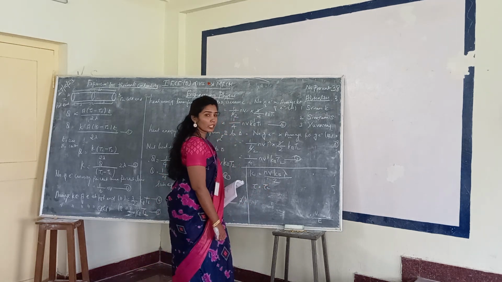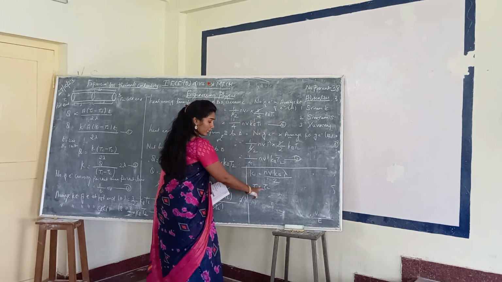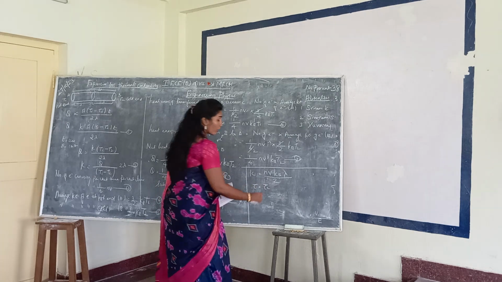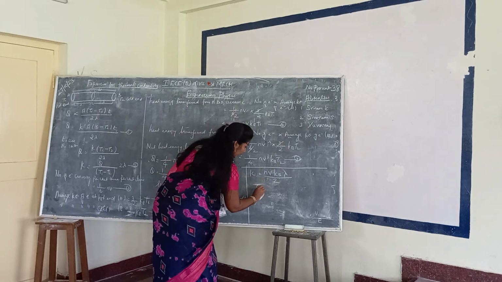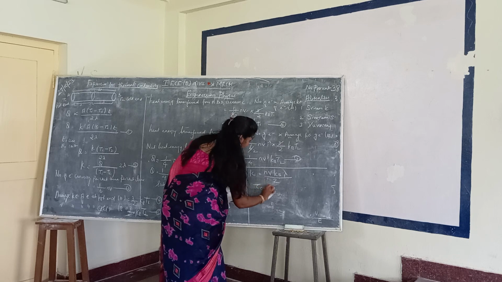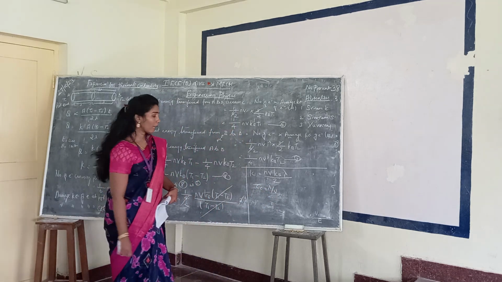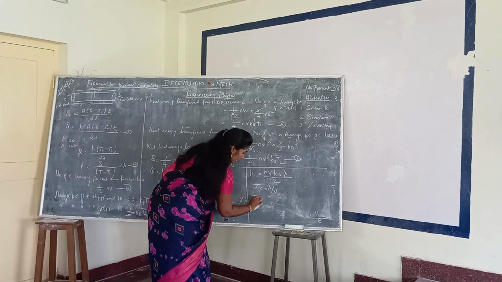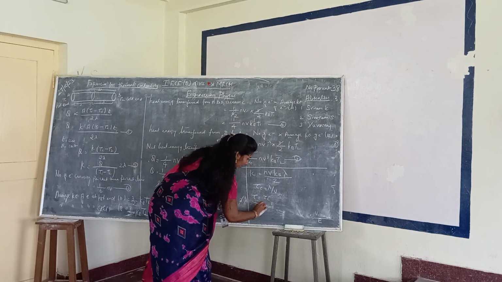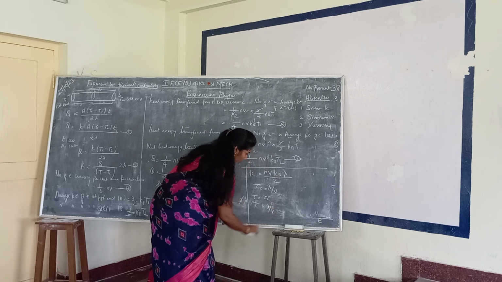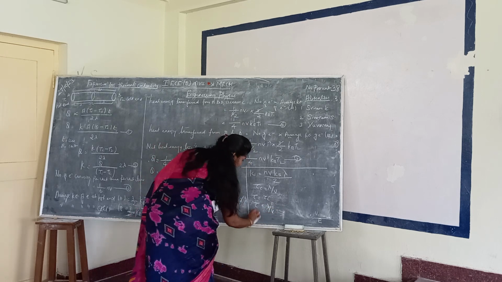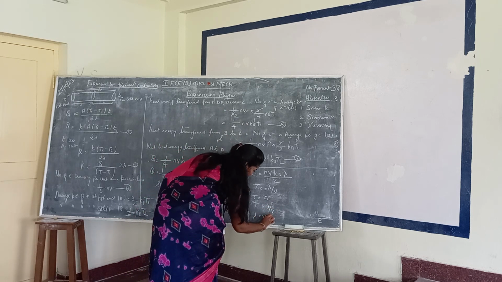Listen, T is the relaxation time, Tc is the collision time. The formula for collision time is Tc is equal to lambda by v. Here T is equal to Tc, so T is equal to lambda by v. Lambda is equal to v into T.